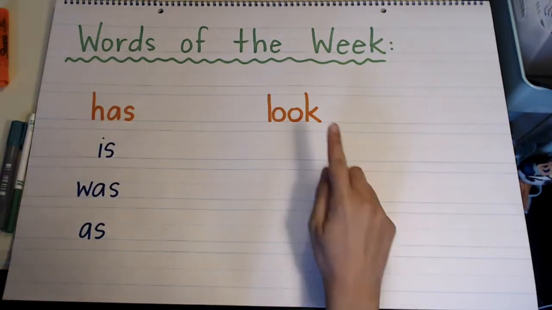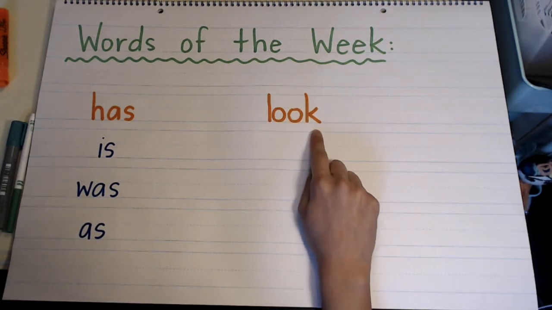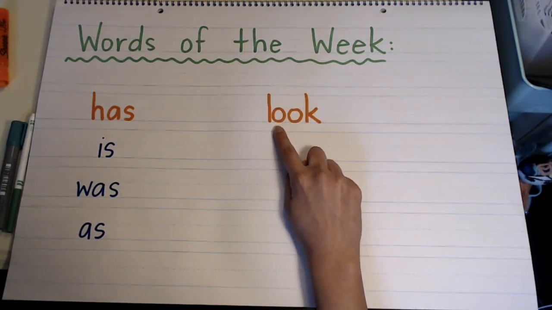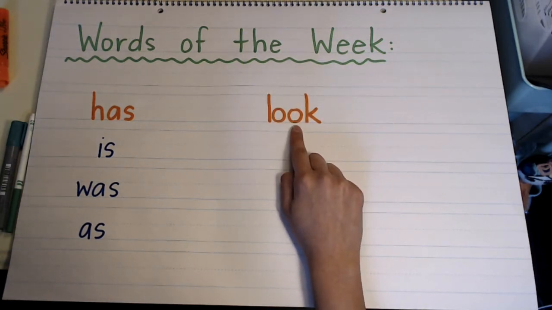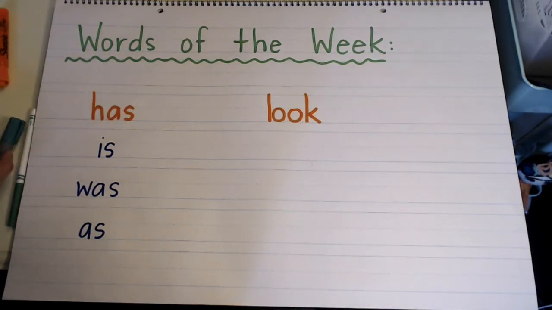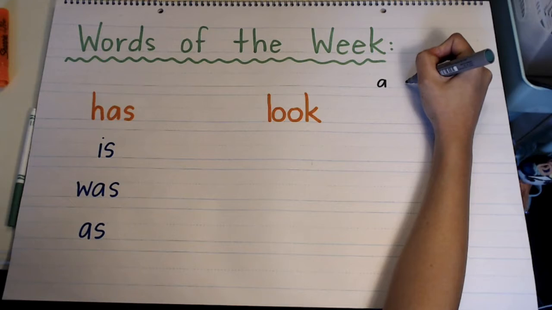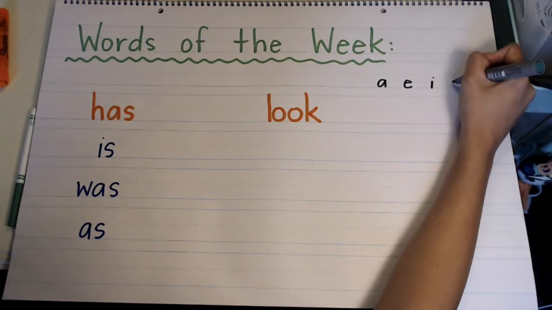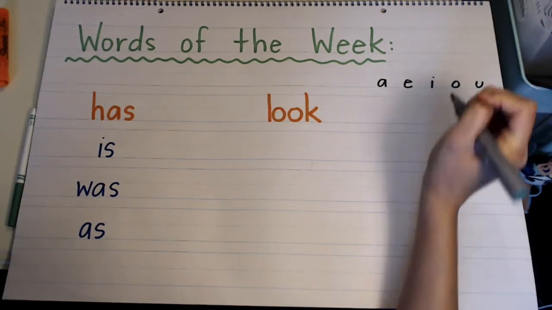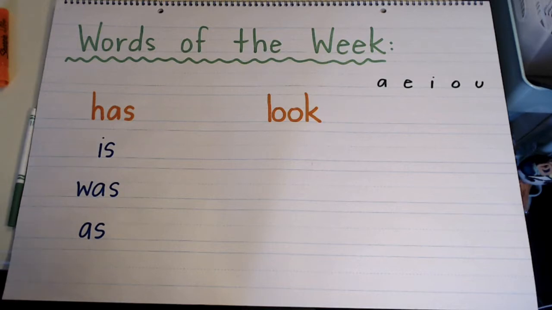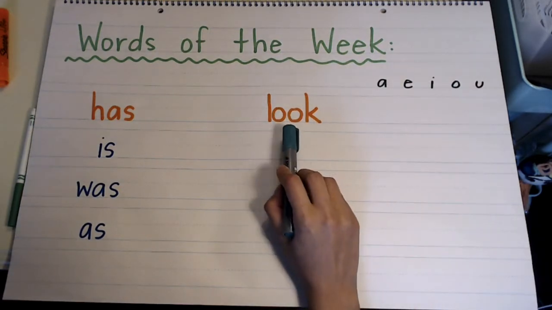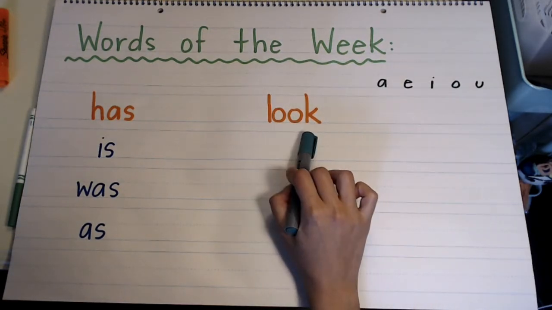All right, we're also going to take a look at the word look. So the word look has a vowel pair. Remember, the vowels are the letters A, E, I, O, and U. So there are two O's in the word look.